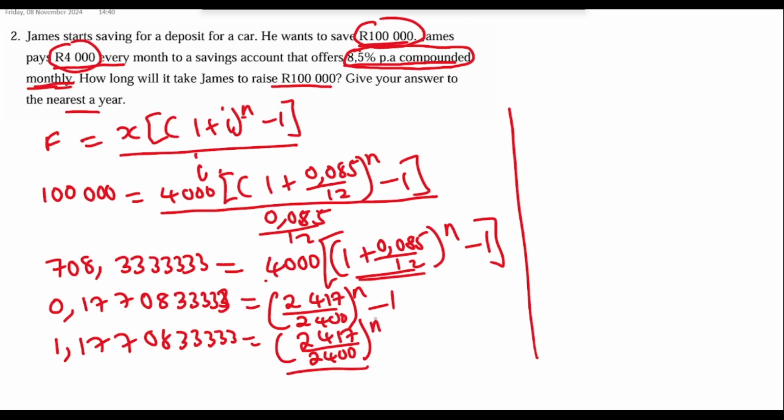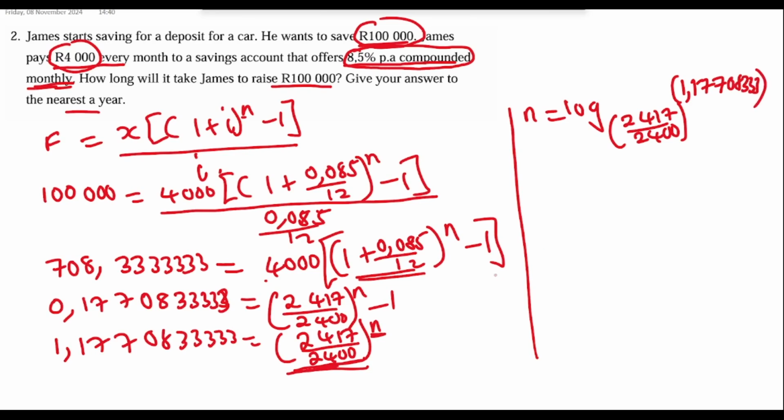When changing from exponential form to logarithmic form, the exponent becomes the subject, and this is the base. So n is equal to log, with base 2,417 over 2,400, of the number 1.177083333.